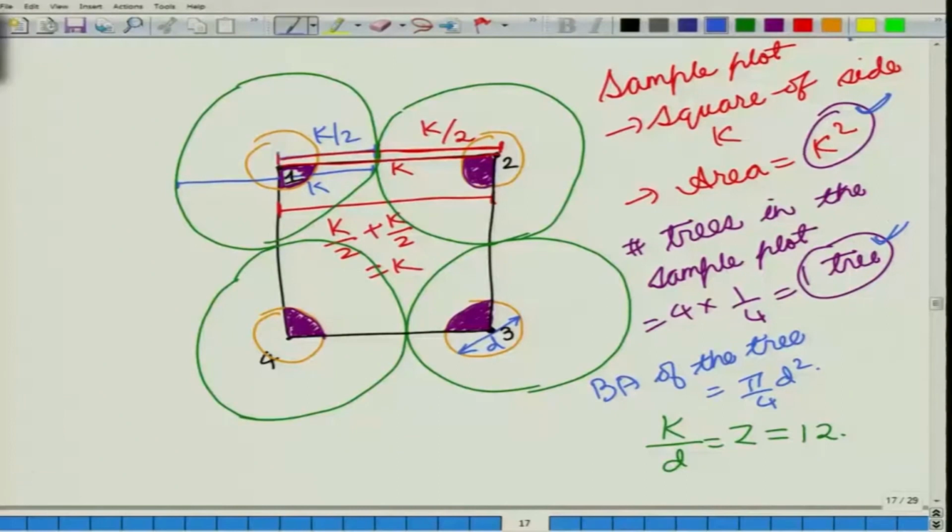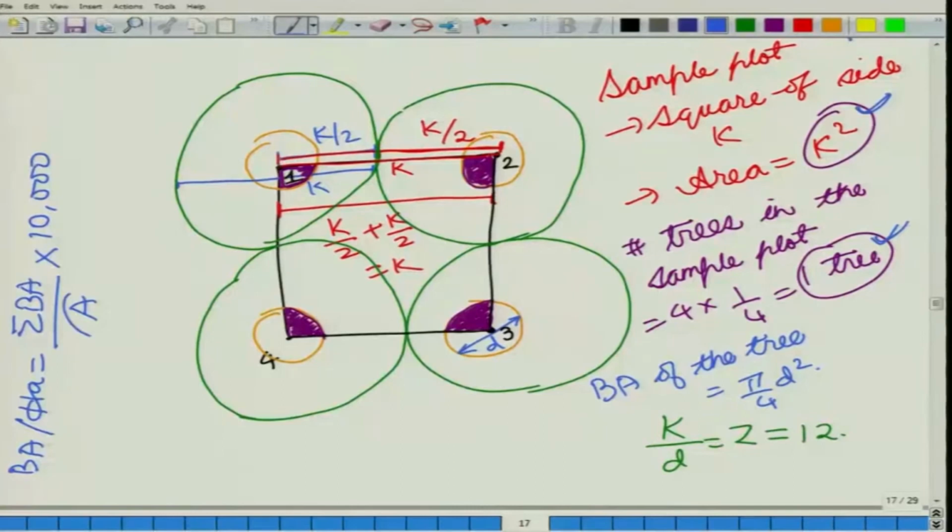So, what is the basal area of the stand per hectare? That is given by the sum of the basal areas of all the trees divided by the area of the stand into 10,000. If the area of the stand is given in square meters, then we multiply it by 10,000 to get a value in hectares. Here the sum of the basal areas is equal to the basal area of one tree, which is given by pi by 4 d square.